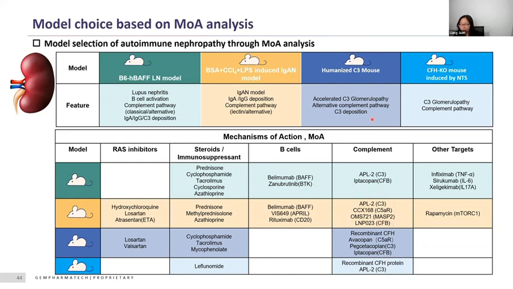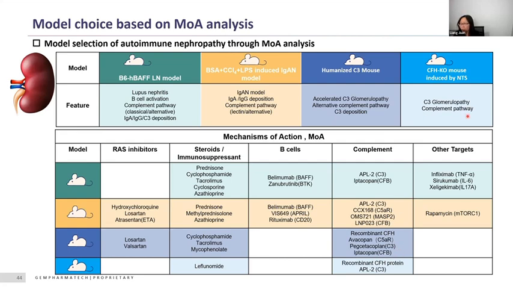The humanized C3 mouse model is the accelerated C3 glomerulopathy animal model. The pathogenesis of this model is through activation of complement pathway in the alternative pathway. So in this model, we can evaluate the alternative pathway drugs, like the drugs targeting for the CFB and also targeting for C3.